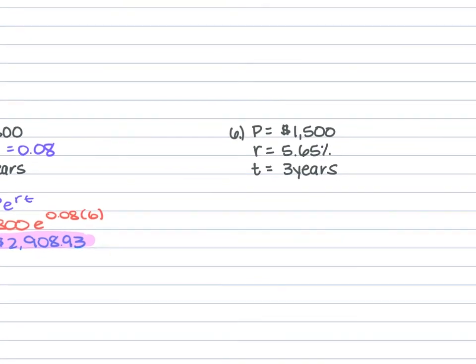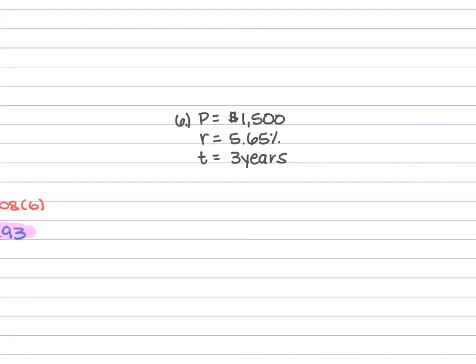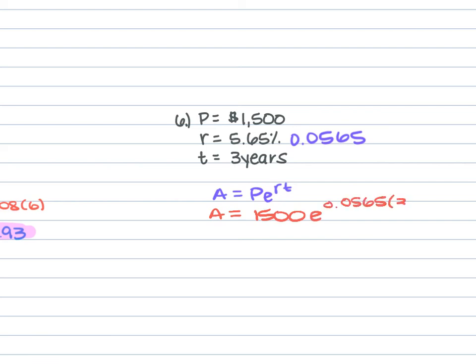And for our last one, number 6, we have P is equal to 1,500. Our rate is 5.65%, so that's 0.0565, and we have a time of 3 years. So A is equal to P times e to the power of R times T. That's going to be A is equal to 1,500 times e to the power of 0.0565 times 3.